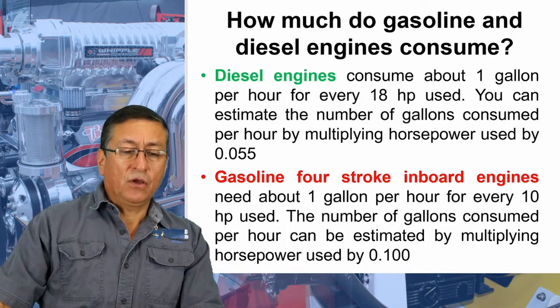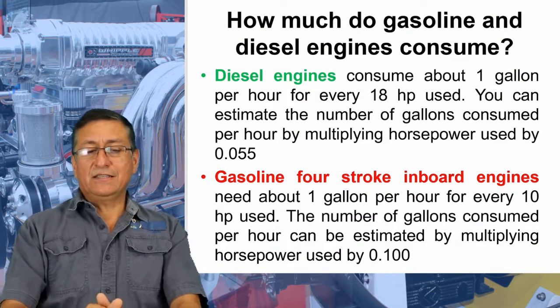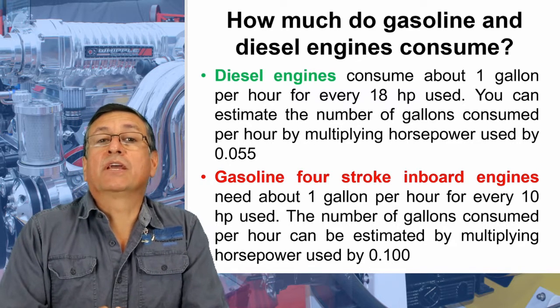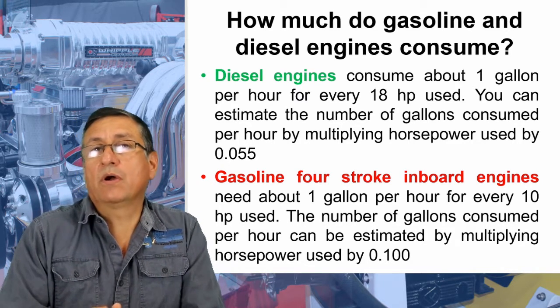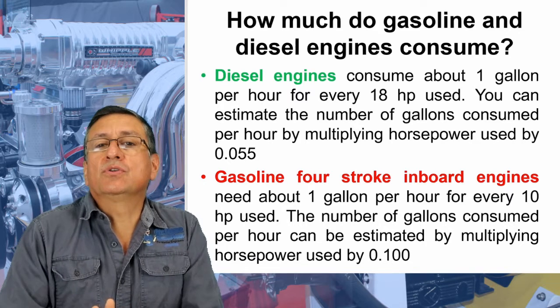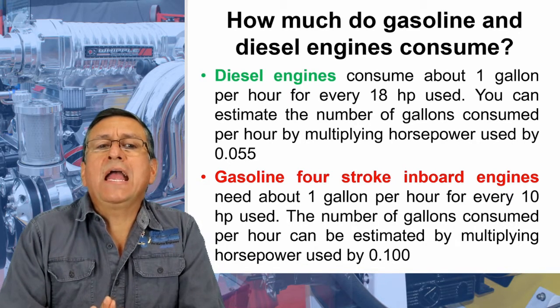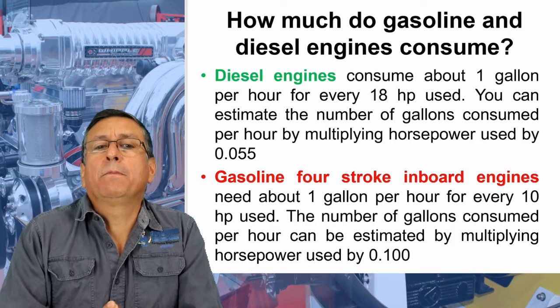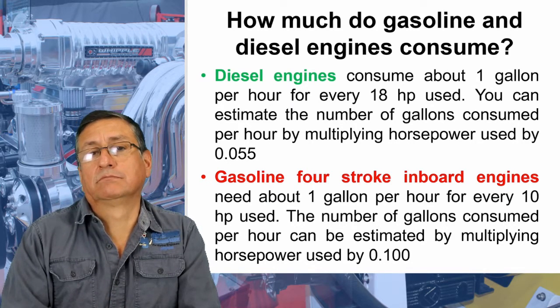Okay, my friends, let me check this slide. This slide is wonderful. It's about the consumption in gallons per hour of fuel. The diesel engines consume around 1 gallon per hour for every 18 horsepower used.